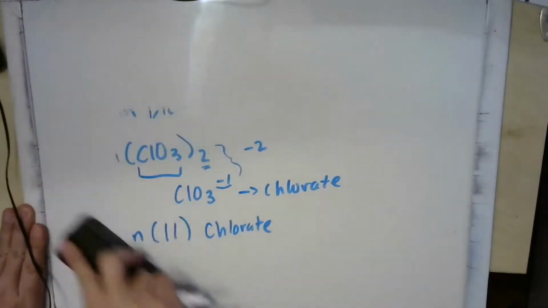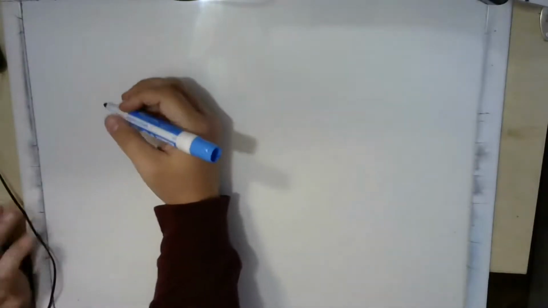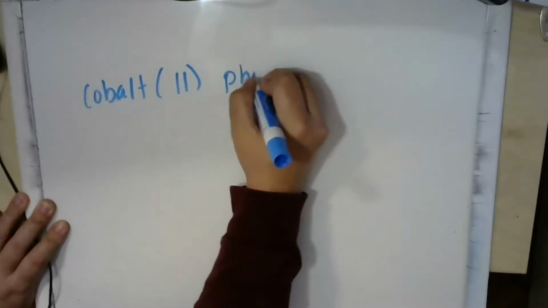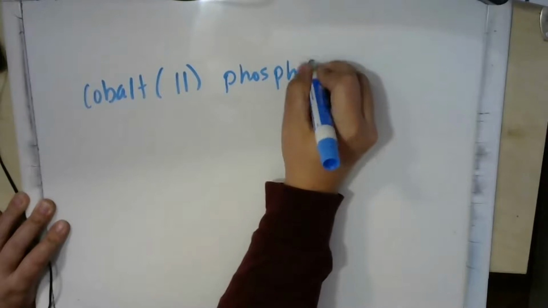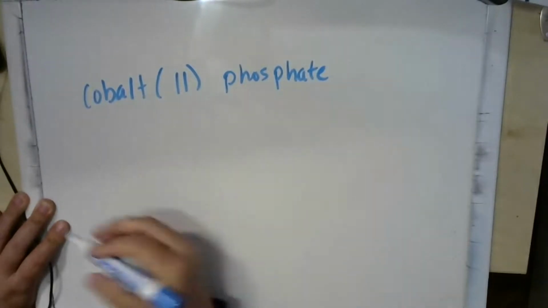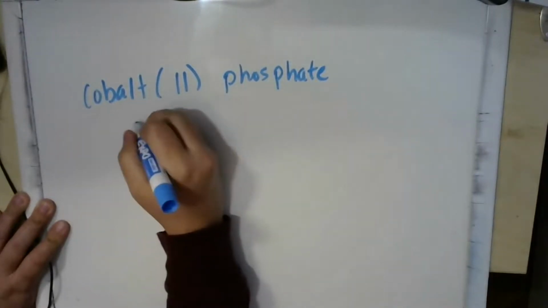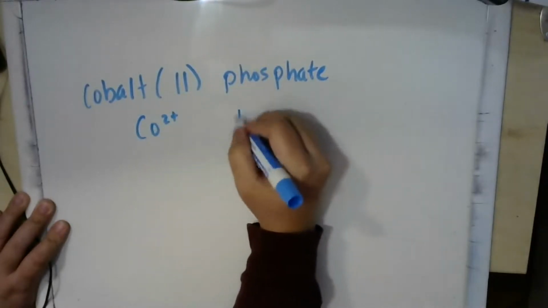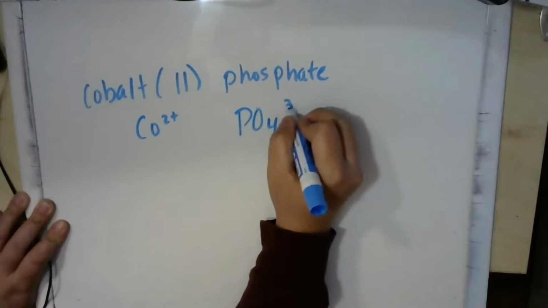Now the last question is, write the formula for cobalt(II) phosphate. So I'm going to have to pull the charges out of the name and then see how they combine to make a neutral compound. So cobalt(II) means that I have Co2+. Phosphate is PO4 3-.